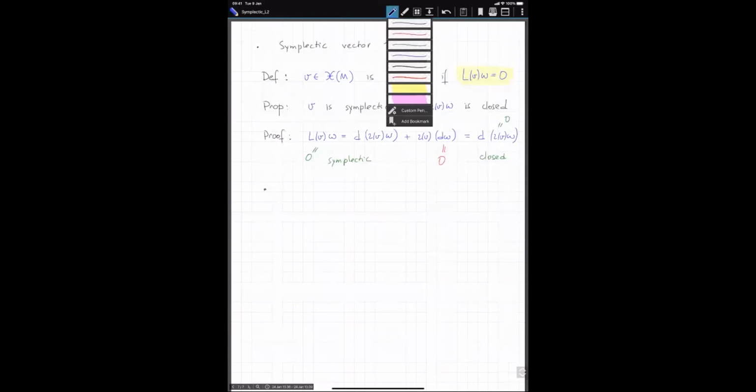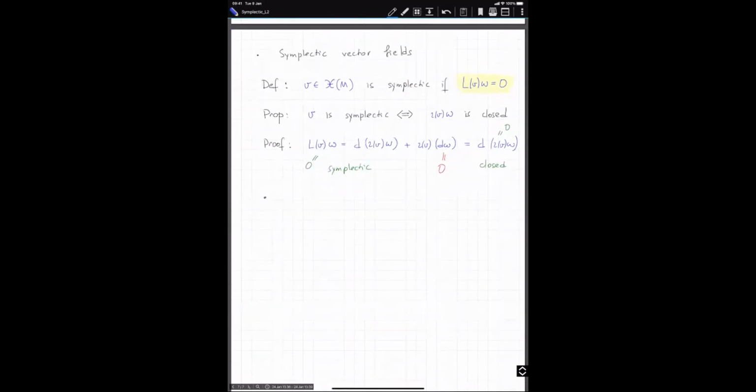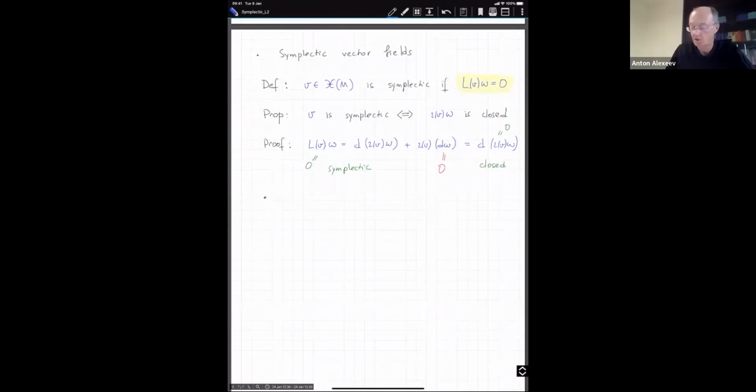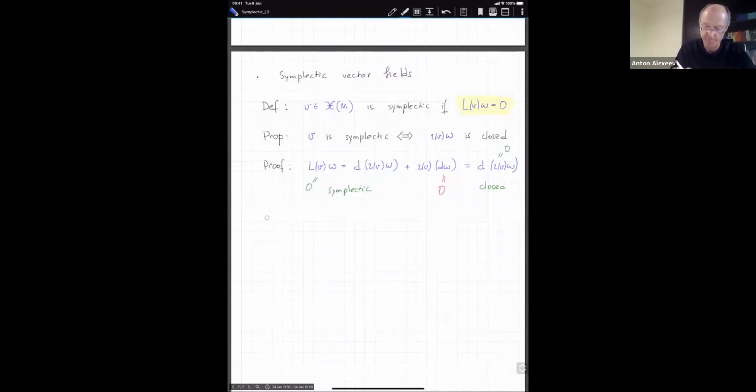May I ask a question? Sure. How many symplectic fields are there for the particular symplectic form? Right. Let me add that remark. This develops the previous question.